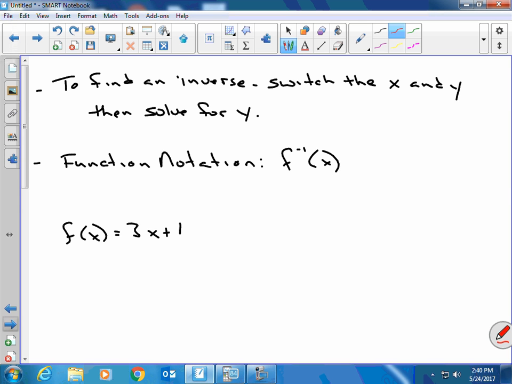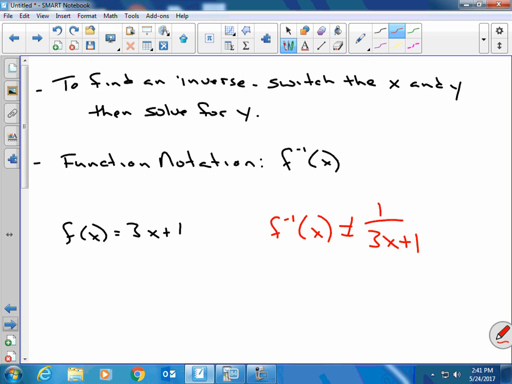To find an inverse, we switch the x and the y, and then we solve for y. If it's in function notation, then we use the f raised to the negative 1 power to indicate this is the inverse. Okay? If I wrote find f to the negative first power of x, that does not mean 1 over 3x plus 1.